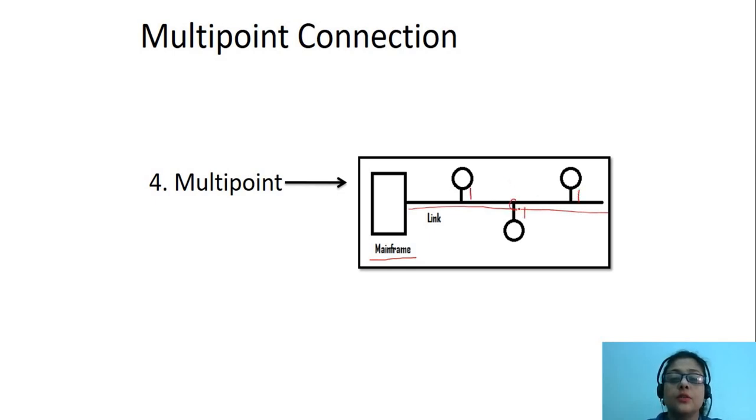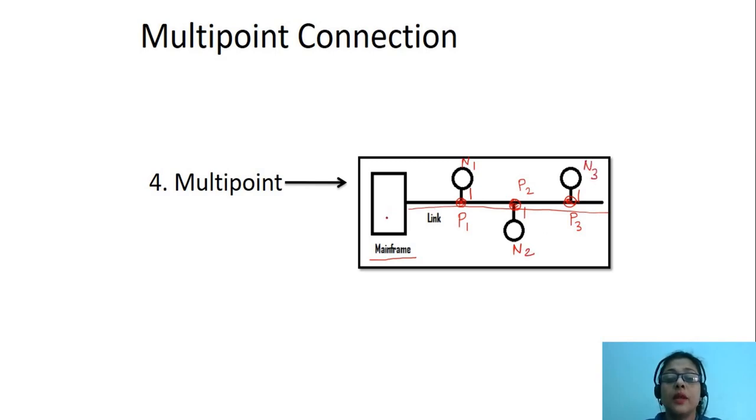So these points are known as the tapping points or the interfaces with the help of which these nodes get connected to the particular link. So from the mainframe we can see there are multiple points P1, P2, P3 through which nodes N1, N2, N3 are connected.